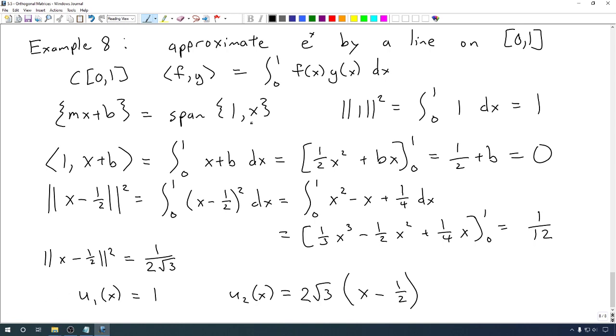Now we want to use that to actually project e to the x into this subspace. Now how do we do that? Well, we just need to take the inner product of e to the x with each of our unit vectors, or with each of our basis vectors. So what it is, and this is going to be c1.